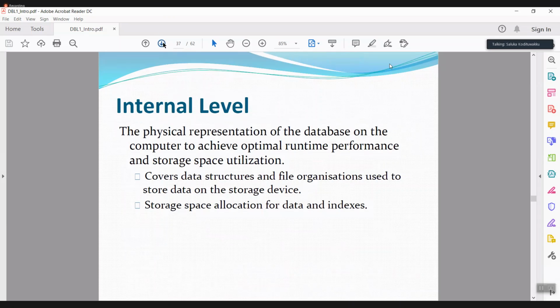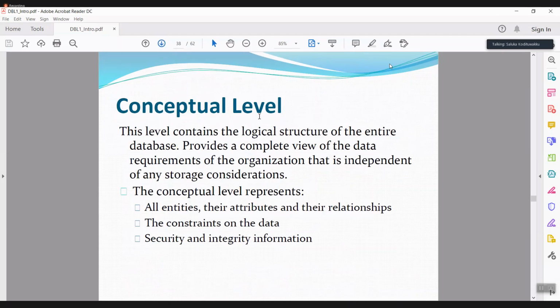And we talk about this internal-conceptual mapping. Okay, now we have talked about the external view and the internal view, but what we have to concentrate on more is the database logic or conceptual level. This conceptual schema consists of the logical structure of our database. That means the entire database, or basically speaking, the so-called mini-world.